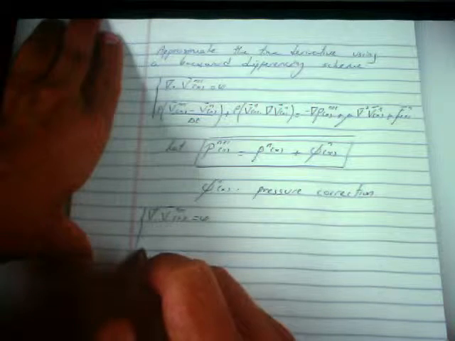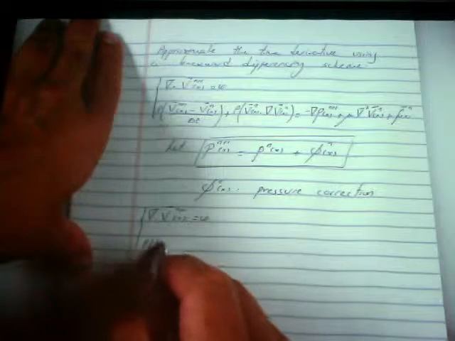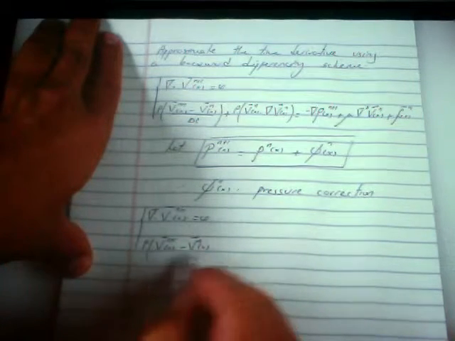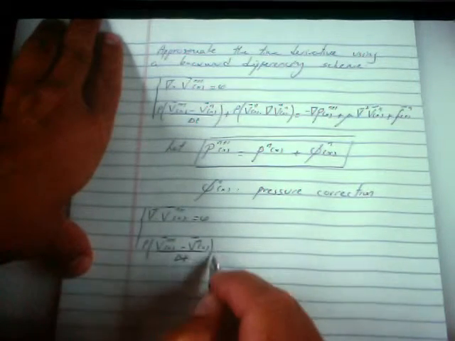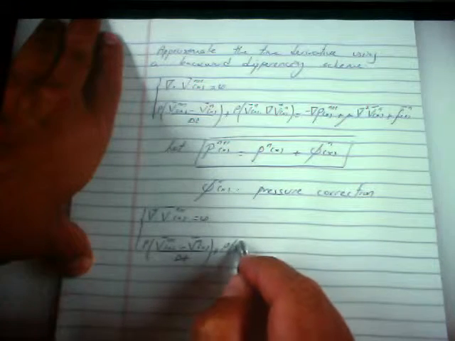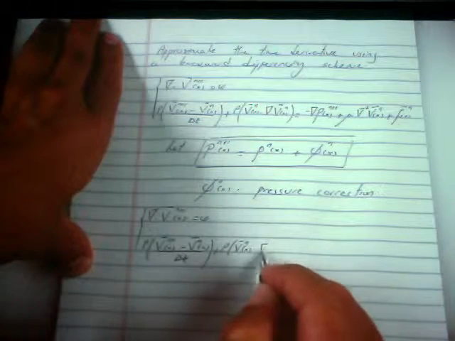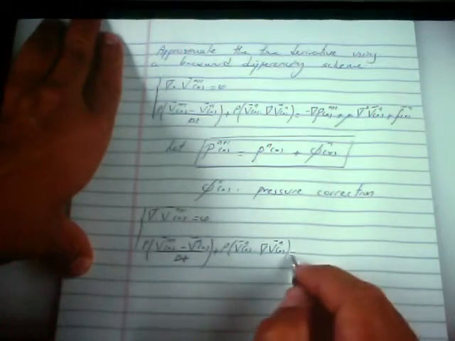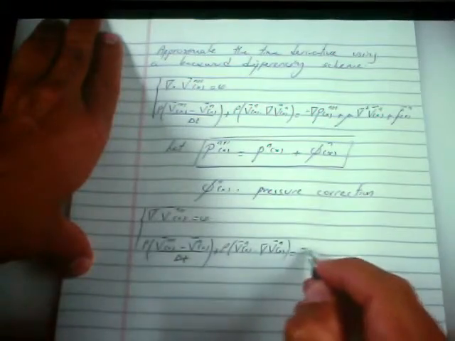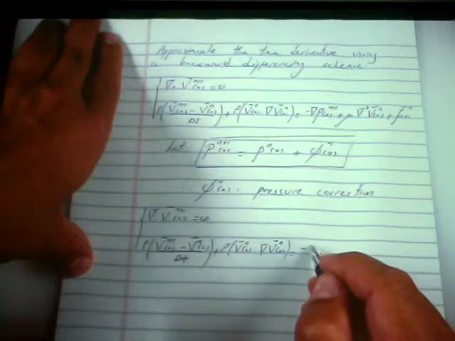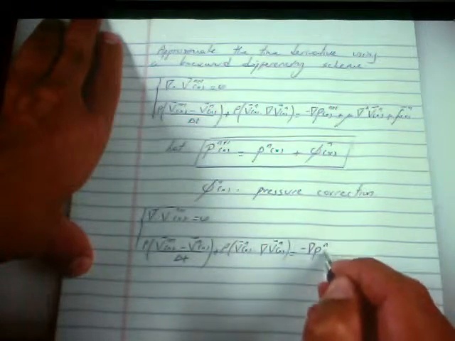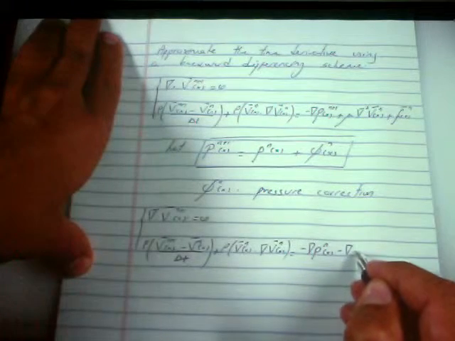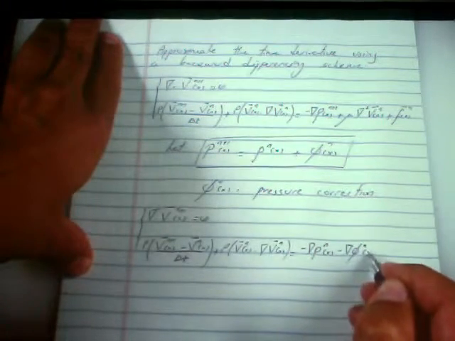So we have rho times (V at n+1 minus V at n) divided by delta t, plus rho V at n dotted into the gradient of V, is equal to, so now here the gradient of P is the gradient of P at n minus the gradient of phi at n.